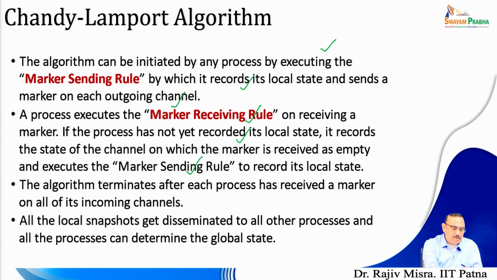So, again I am repeating, a process executes the marker receiving rule on receiving a marker. If a process has not yet recorded its local state, it records the state of a channel on which the marker is received as empty and executes the marker sending rule to record its local state.